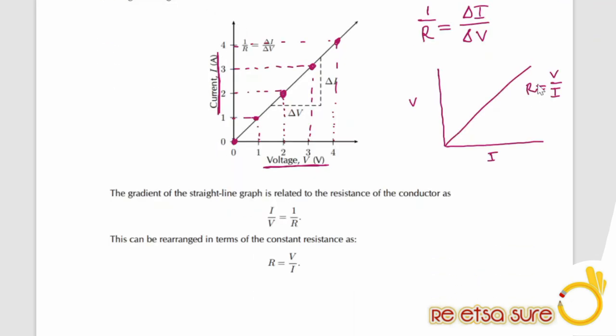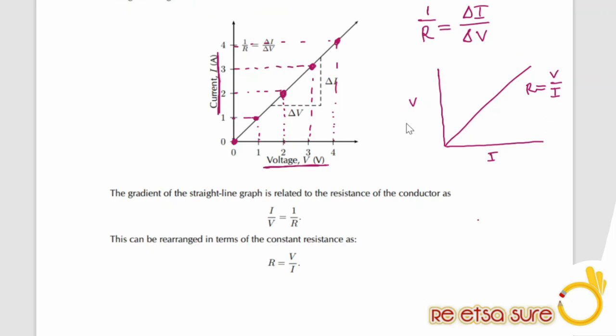So please, my beautiful learners, be aware. If you are given a graph with the current on the y-axis and the voltage on the x-axis, know that the gradient of that graph represents the inverse of resistance.